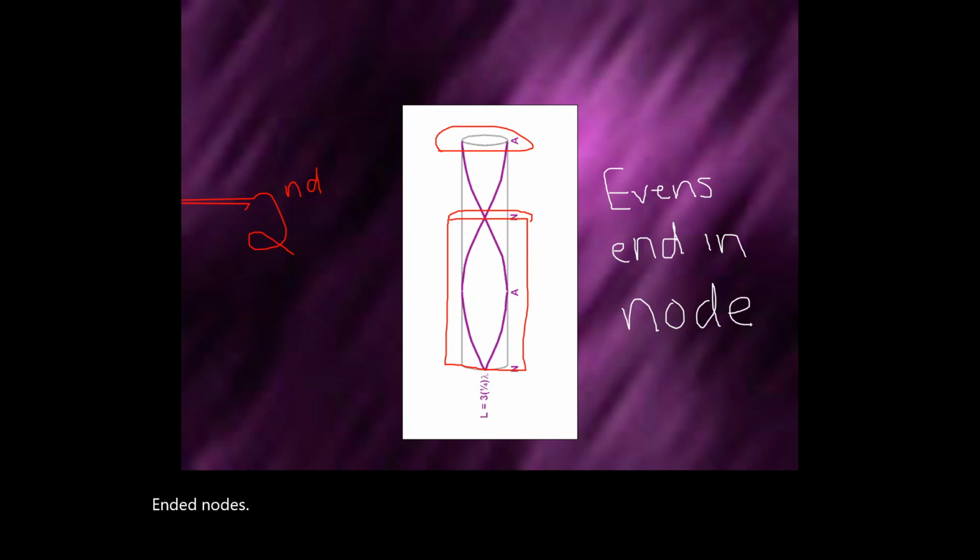So even harmonics end with a node. Ending with a node means that there would be no sound coming out. So they can't exist.